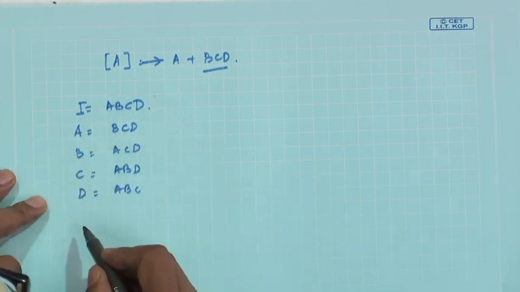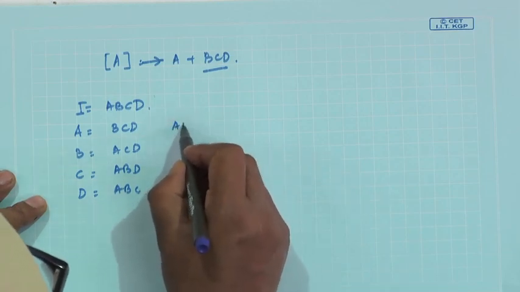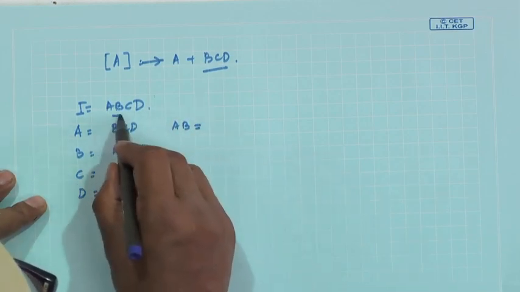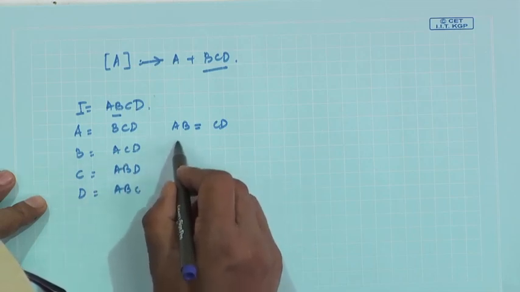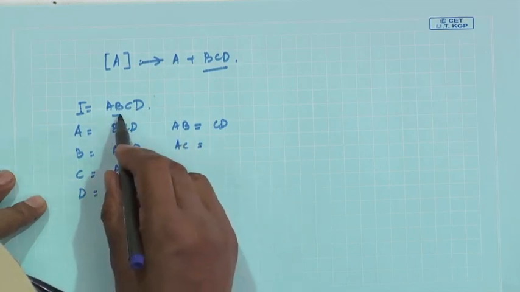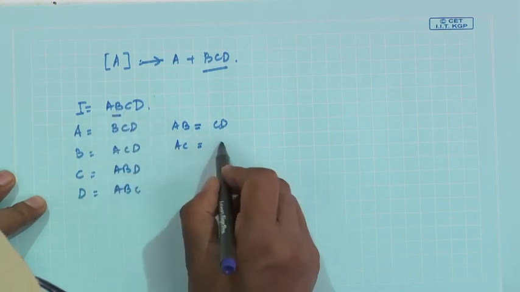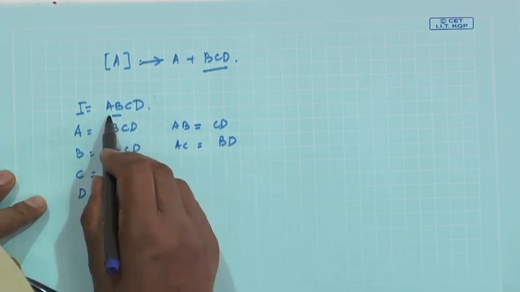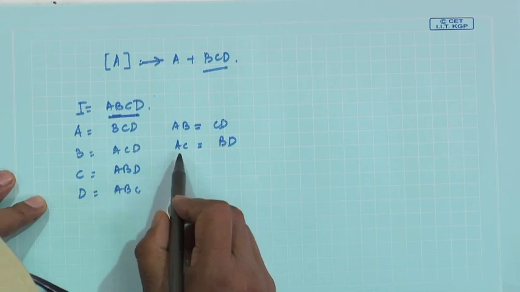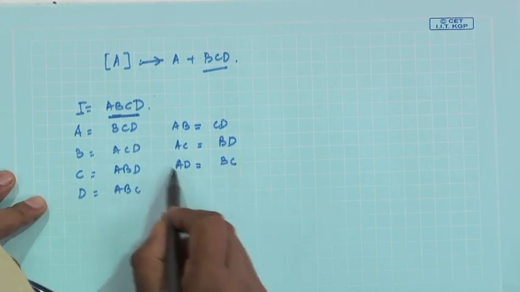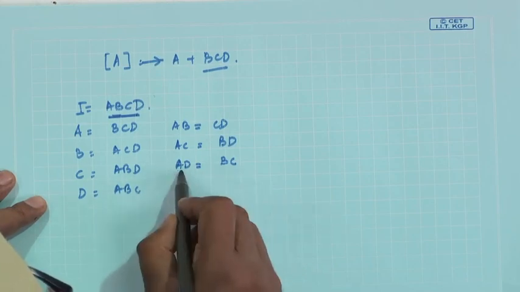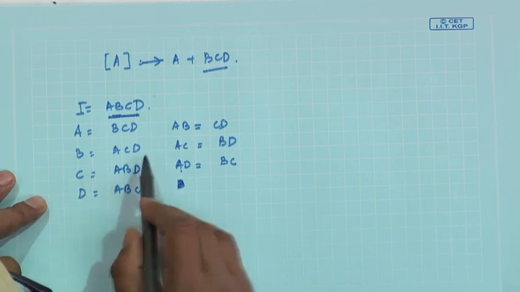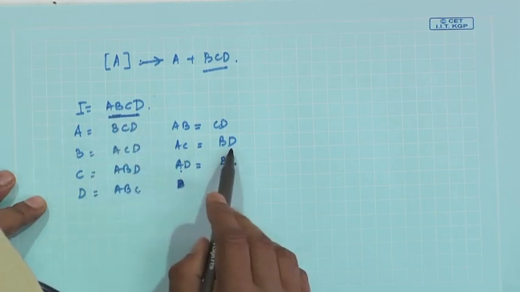Suppose you multiply with AB, what will happen? If you multiply with AB, you will get CD. If you multiply with AC, you will get BD. If you multiply with AD, you will get BC. If you multiply this with BC, you will get AD.